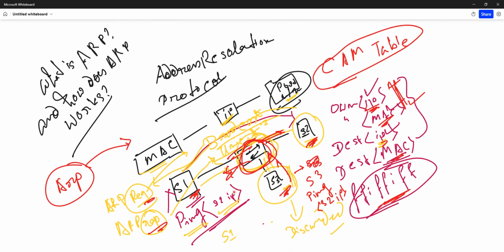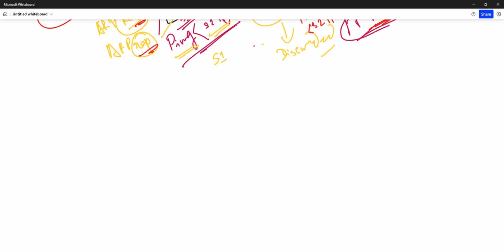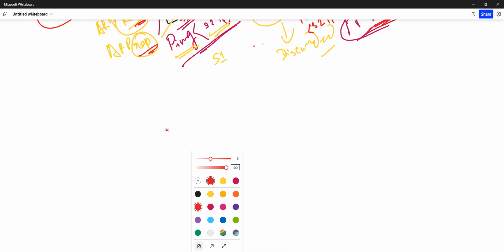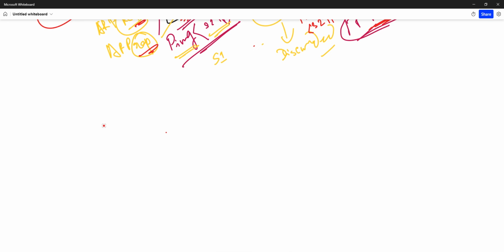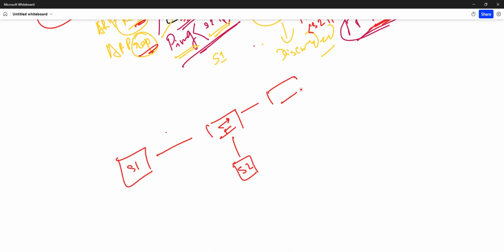Another very important part is the gratuitous ARP. Gratuitous ARP means if your system 1 is connected to one switch, and another system 2 and system 3 are connected too.